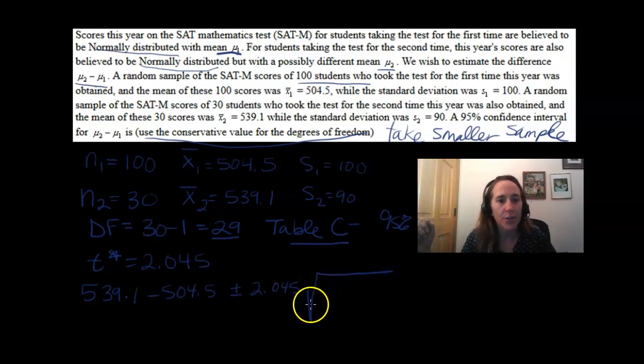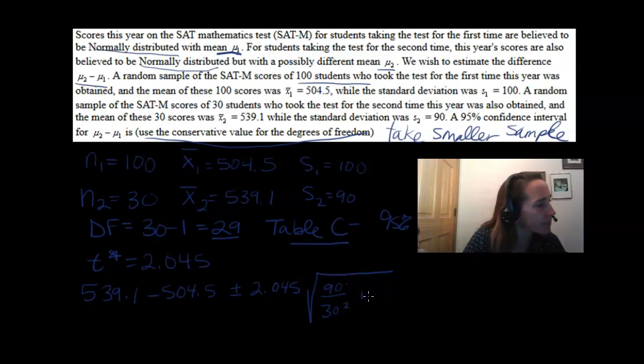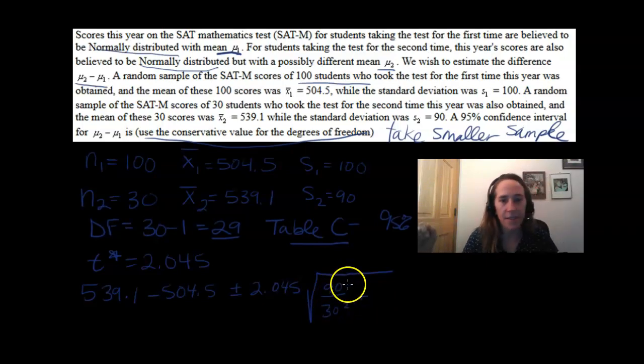You take your first, since I'm doing my 2 first, it's going to be 90 divided by my sample size of that one, 30 squared, and then we have plus, oops, I made a mistake there, so that one's squared, the top, not the bottom.